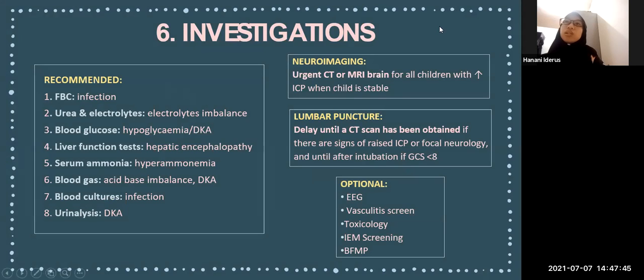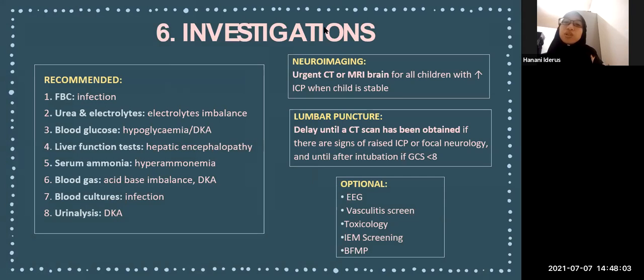So this is the list of investigations that we should do because we need to determine the etiology. We can do the FBC, looking at leukocytosis and the differential if we are worried about infection.